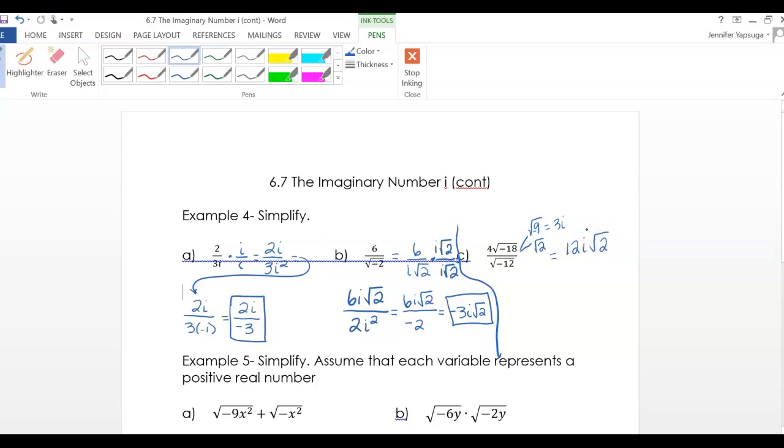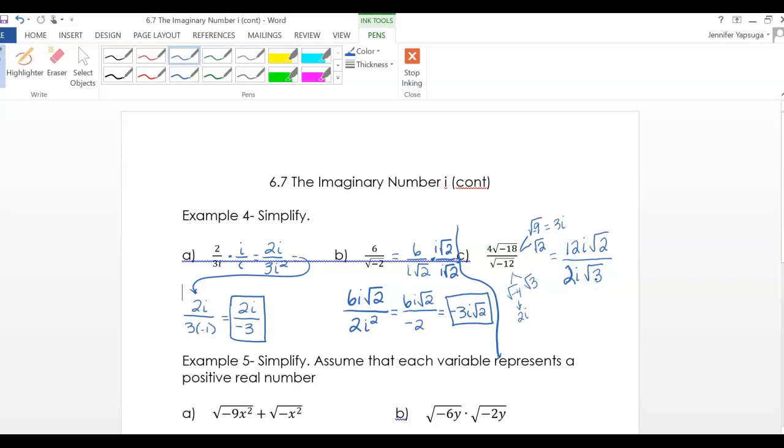Okay, and then we're going to break down this negative 12. So that's going to be my negative 4, and then I've got my positive 3. So this breaks down into 2i. So then my denominator simply becomes 2i times the square root of 3.